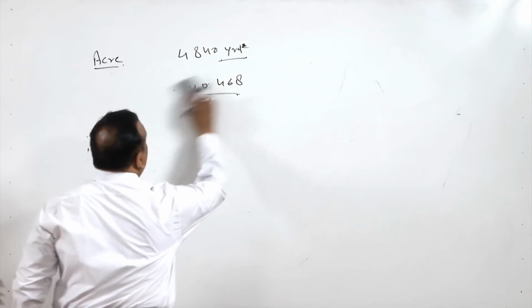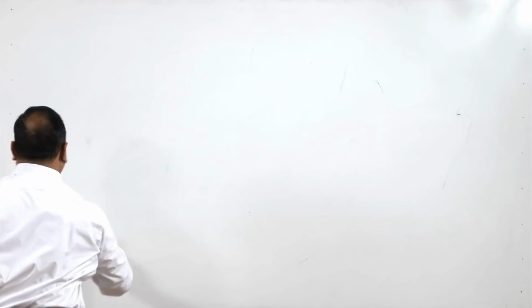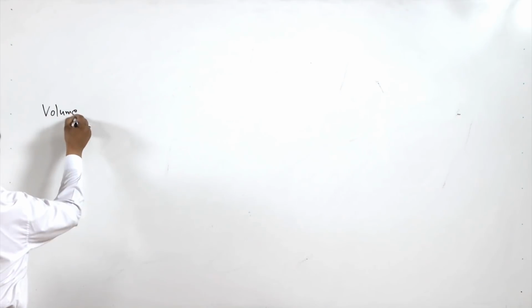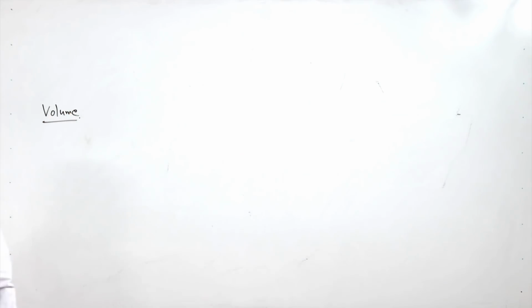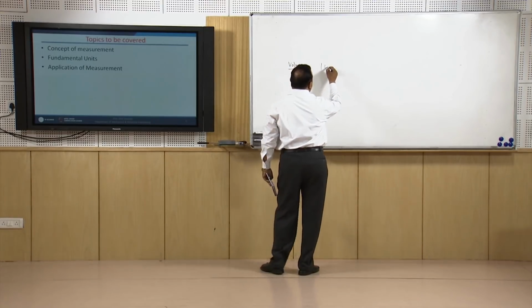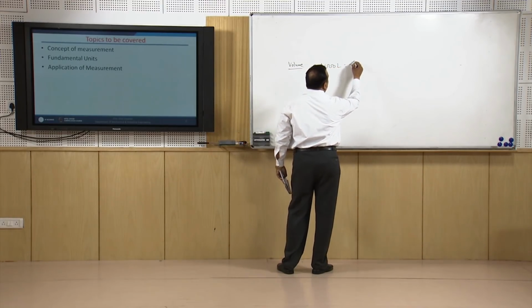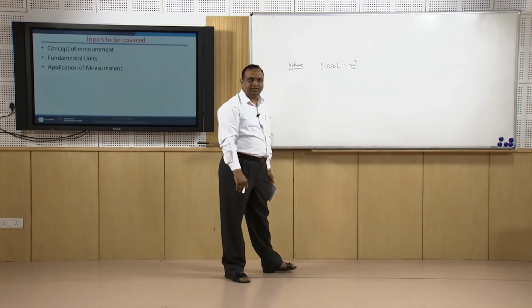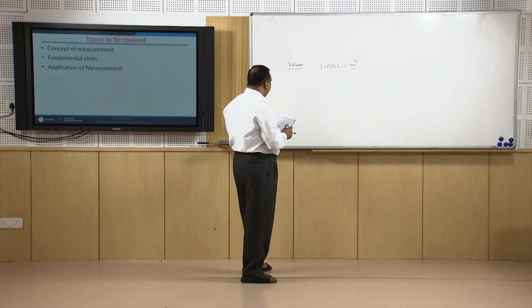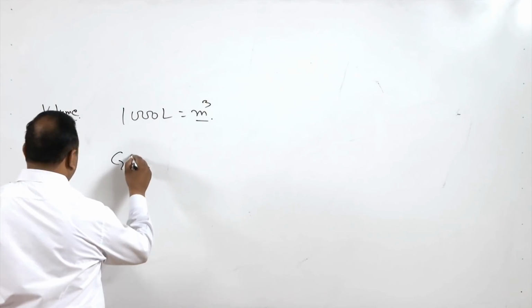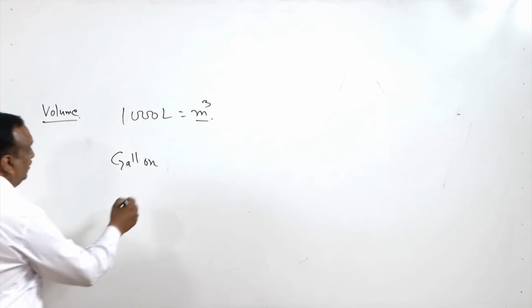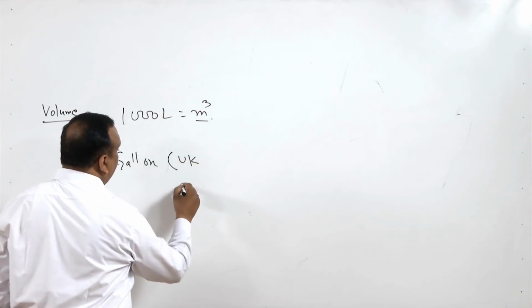Now volume. Now from area we will come to the volume. Volume we normally express in terms of meter cube or liters. So 1000 liters together make 1 meter cube, right? But in some other units it is also expressed in terms of gallons, and there are 2 types of gallons, the gallon of UK and the gallon of US.